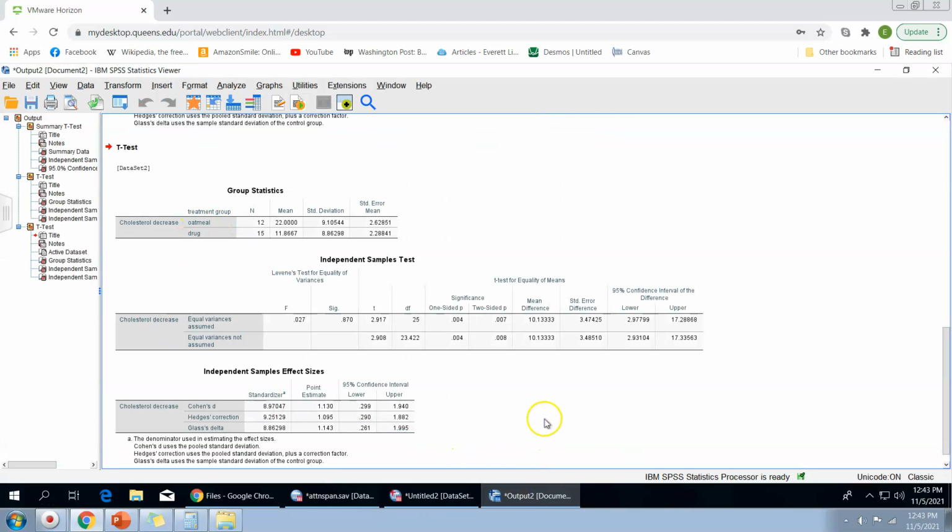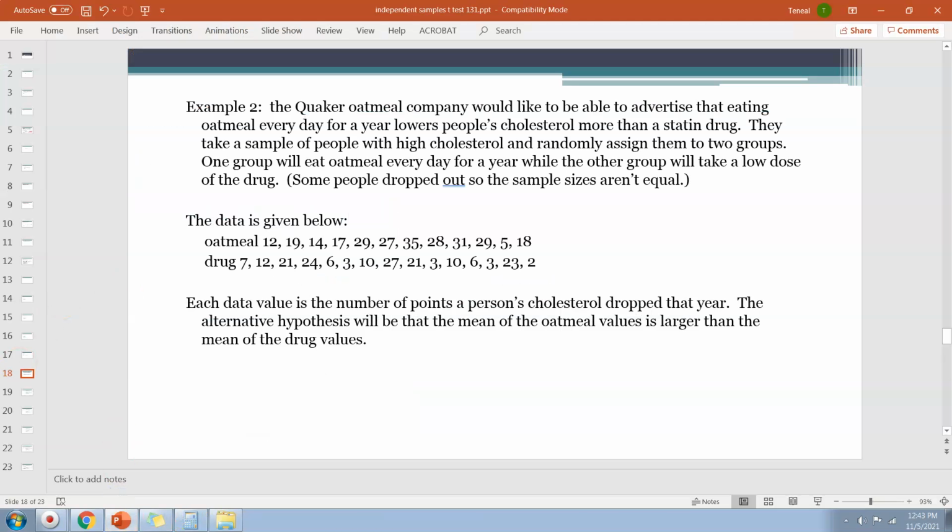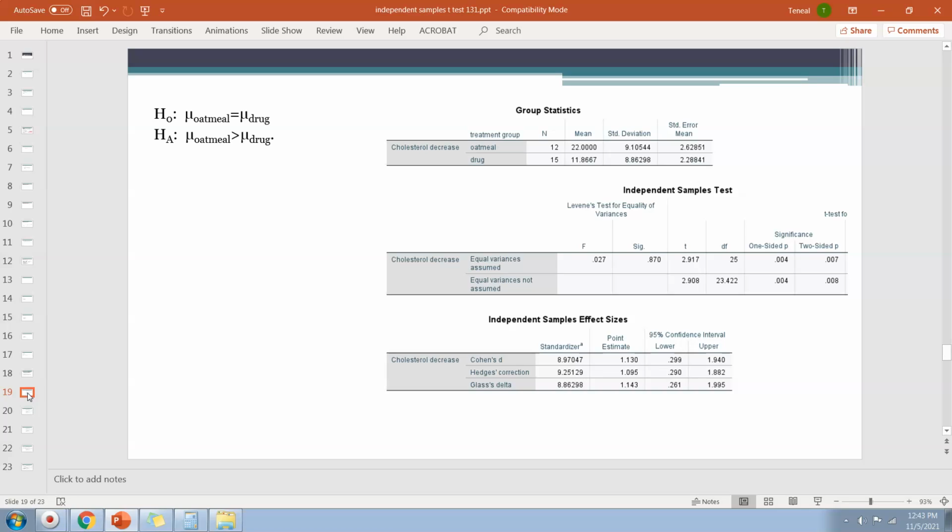So here's our output, which I've copied over here. Our hypotheses are that the oatmeal group is going to have a higher mean than the drug group. And I realize this one is a little bit strange because we're saying which one is lowered more than the other one.